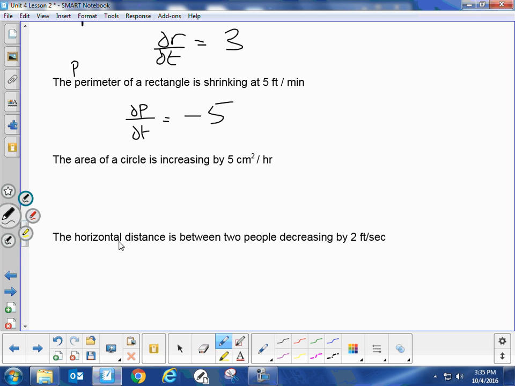If we're talking about a horizontal distance, we usually use x for a horizontal distance. I would say dx dt is equal to, it's decreasing by 2 feet per second, -2. Okay, vertical distance would be a y.